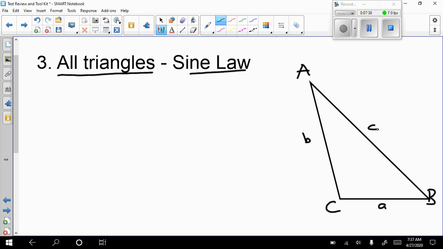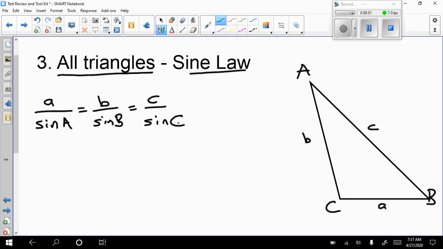And what we've determined is that there's this new law that says this: a over sine of A, so the opposites, the side a over top of the sine of angle A, is equal to b over sine B is equal to c, little c, over sine C. So these ratios hold, and when we go to solve questions, we will focus in on just two of the ratios. We won't use all three at once, but we'll use two of them to solve things.